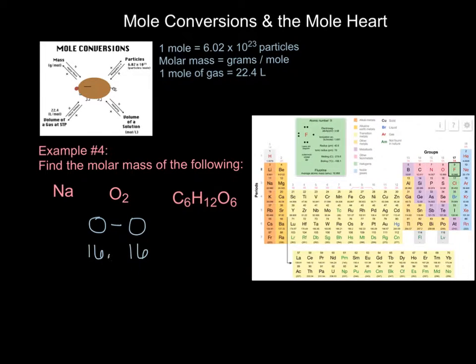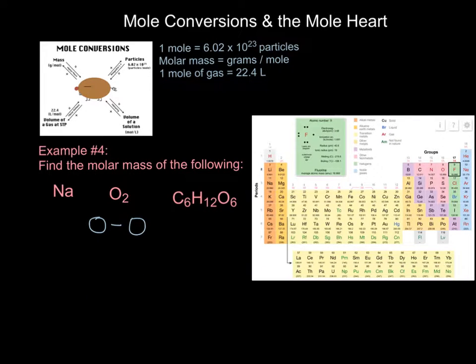So 16 grams plus 16 grams. So 1 mole of oxygen gas, 1 mole of O2 molecules, is actually going to weigh 32 grams. So my molar mass of oxygen gas is 32 grams per mole.